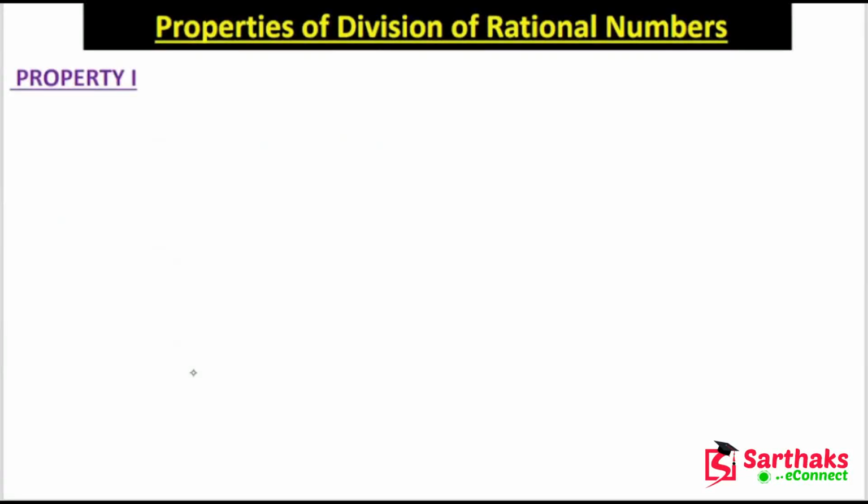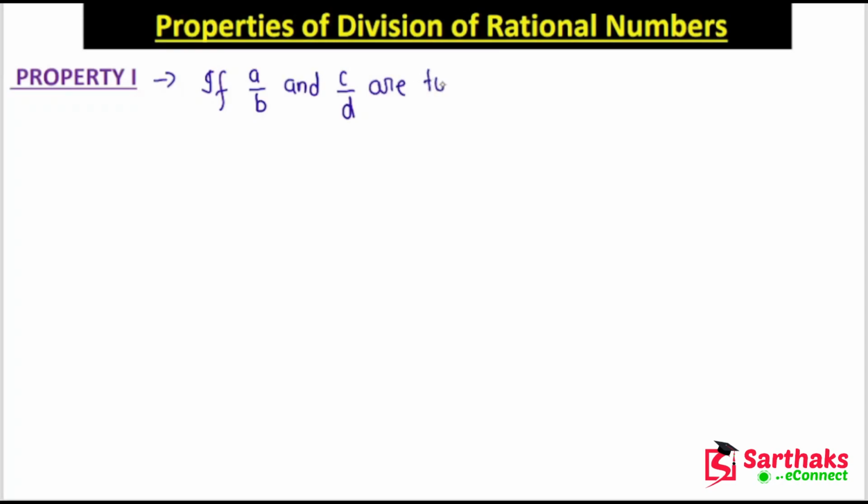Now, what is property number 1? There are some properties of division, right? Property number 1 states that if A upon B and C upon D are two rational numbers such that C upon D is not equal to 0.